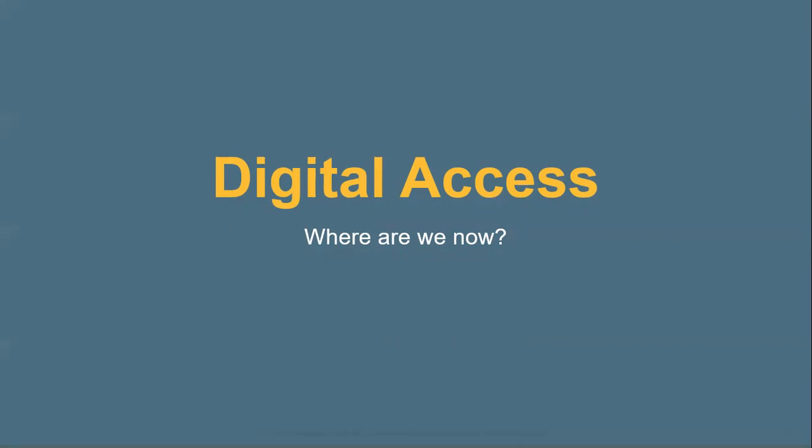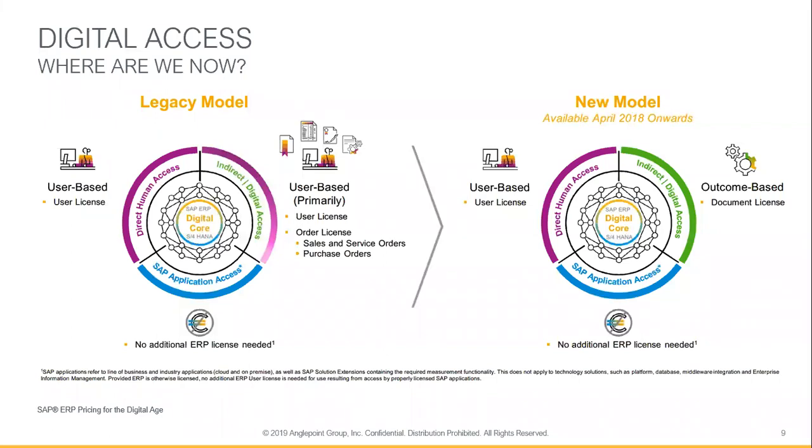Thank you, Jeremy. So where are we now? I think everyone who attends this webinar is familiar with the next two slides, which I have taken from a presentation called SAP ERP Pricing for the Digital Age.